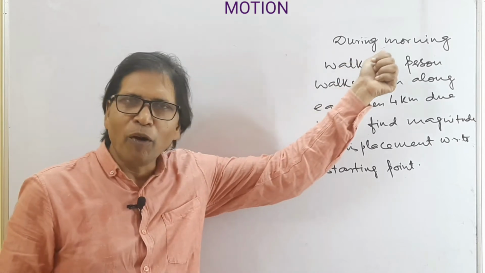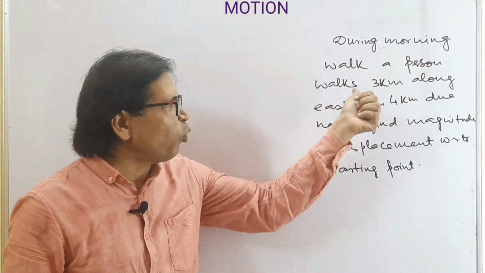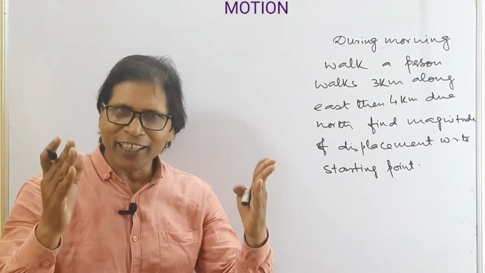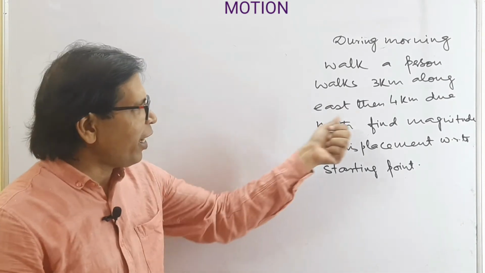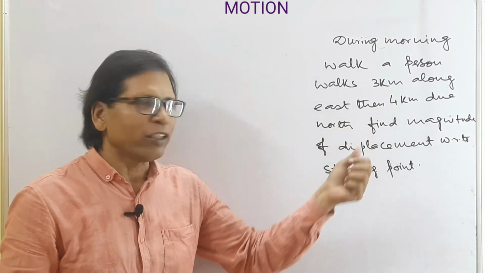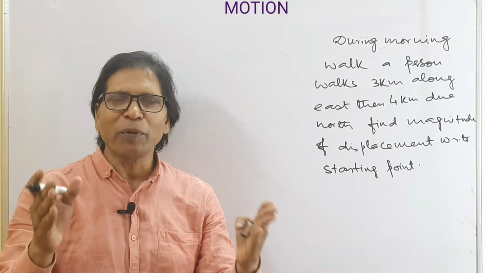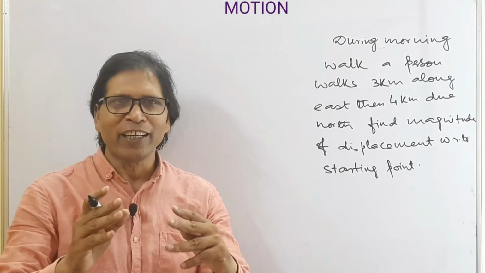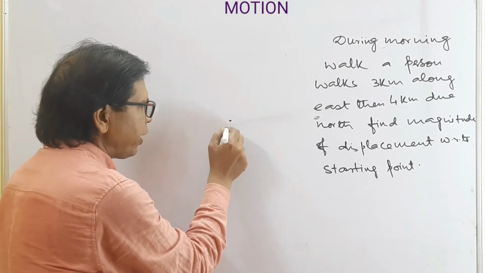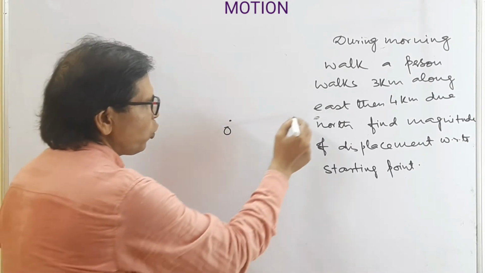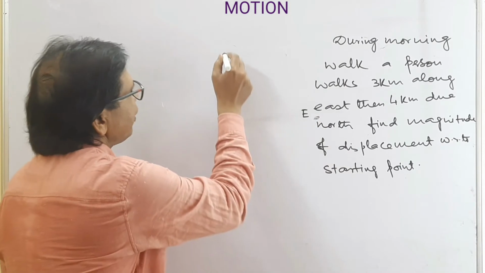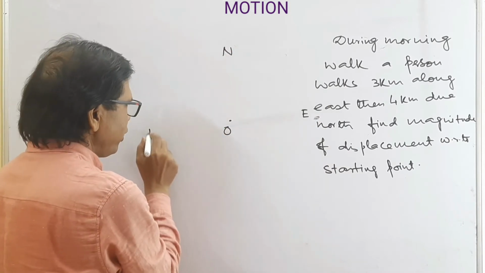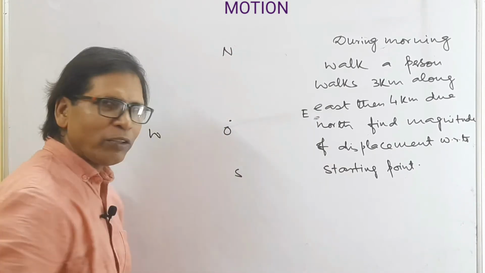During a morning walk, a person walks 3 kilometers along east and then 4 kilometers due north. Find the magnitude of displacement with respect to the initial point. Suppose this is the starting point. This direction is the east, this is the north, this is the west, this is the south.